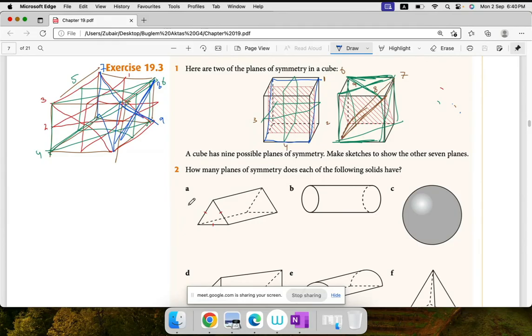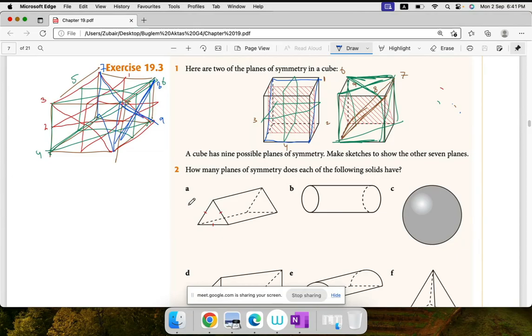Question number two. How many planes of symmetry does each of the following solids have? First one, I think, is four. How many planes does B part have? Infinite. No, wait.